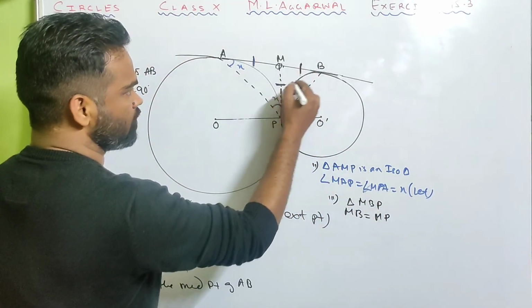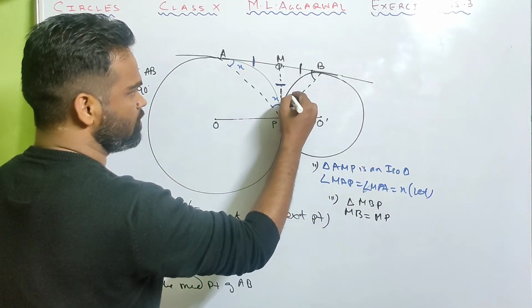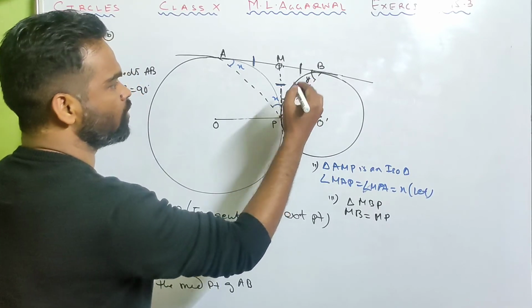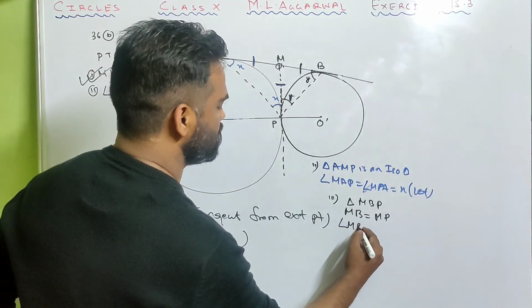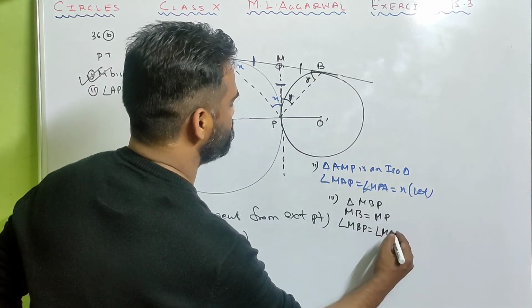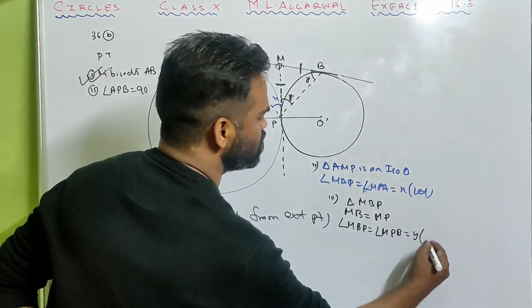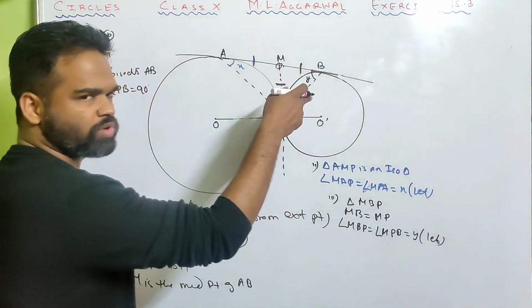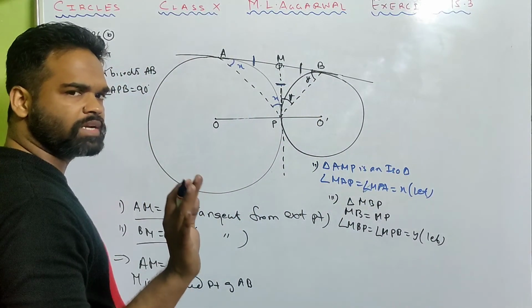So these two sides are equal, which means this angle and this angle will be equal. Suppose angle MBP equals MPB equals Y, because it's an isosceles triangle and angles opposite to equal sides are equal.